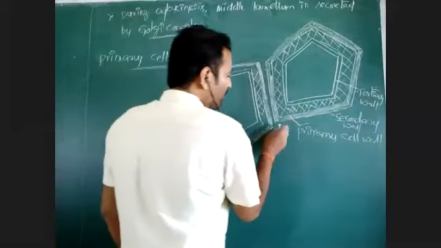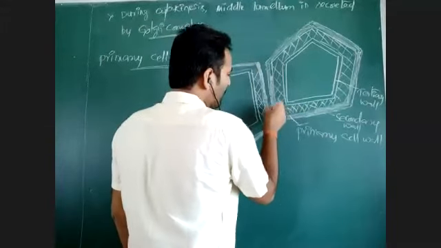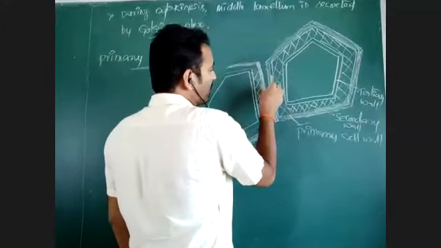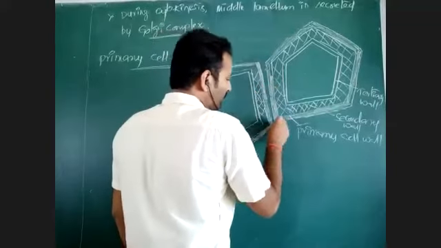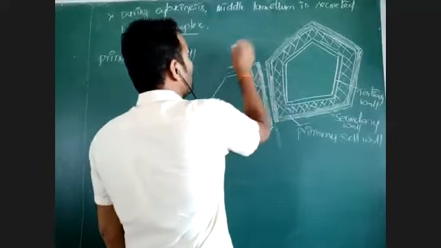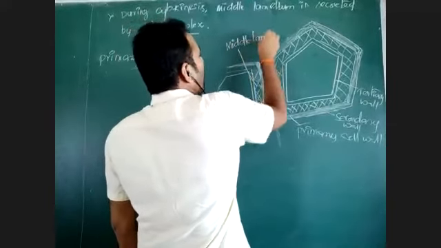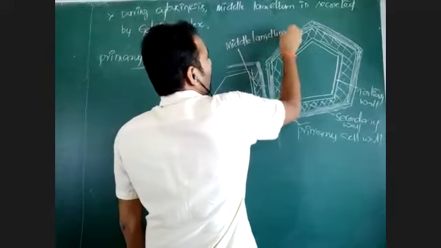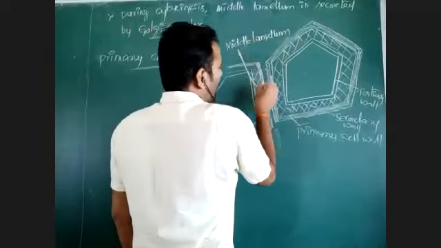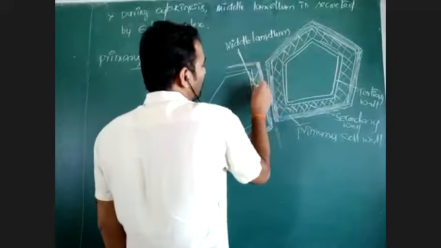Here, between the primary walls, there is the presence of this one: a gap or matrix present between two cells. This we can call middle lamellum. Middle lamellum is the matrix, the gap present between two cells.